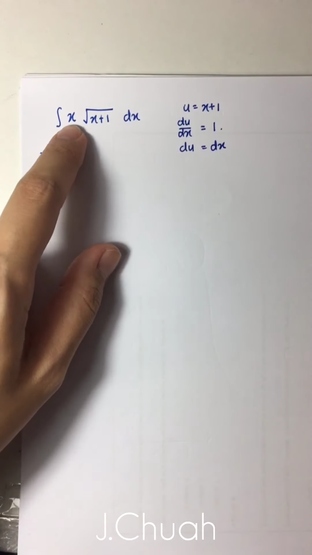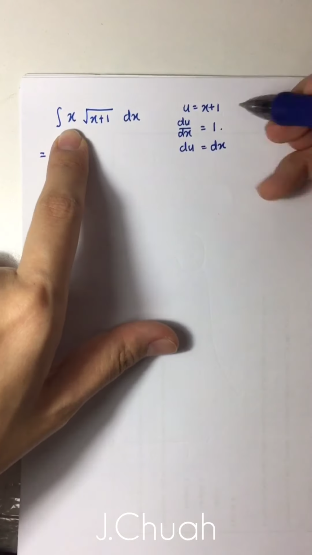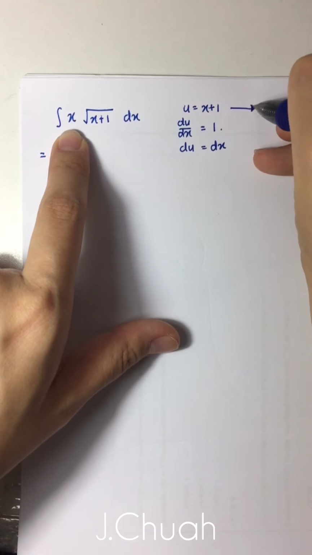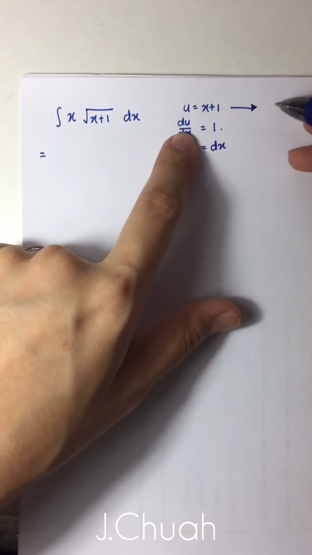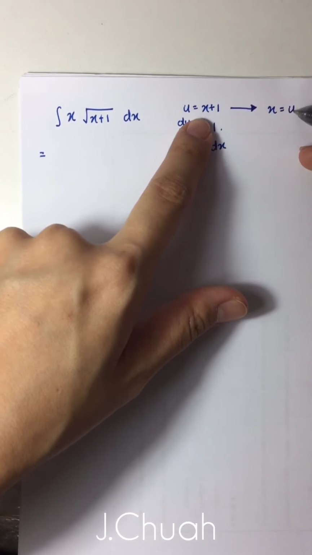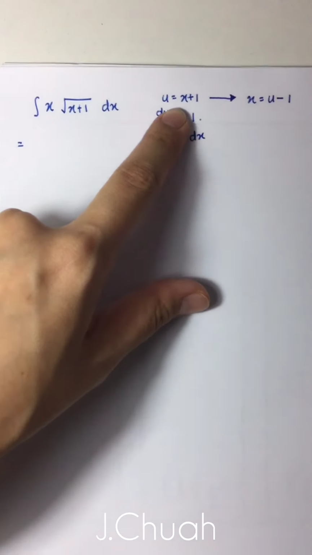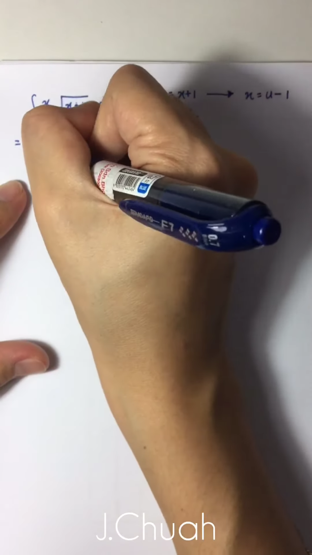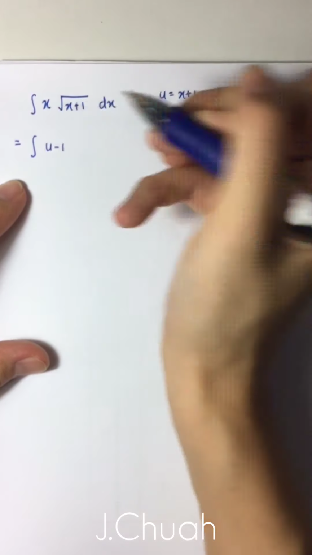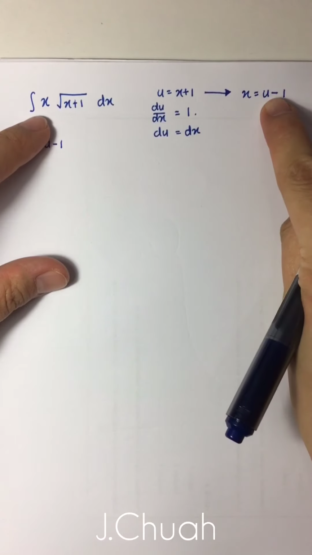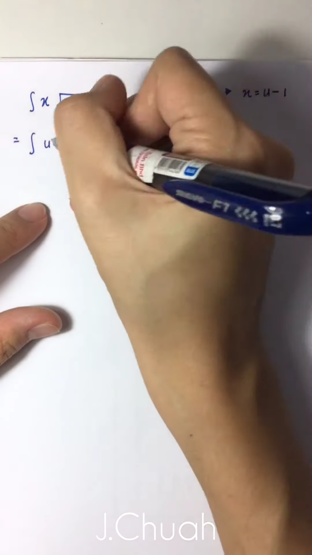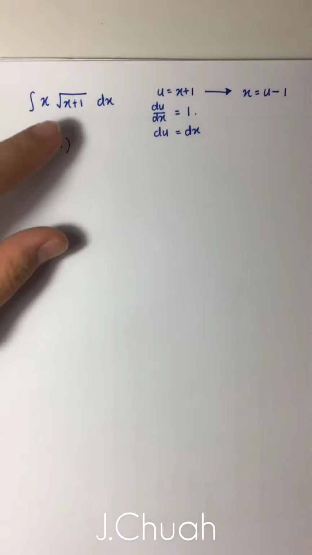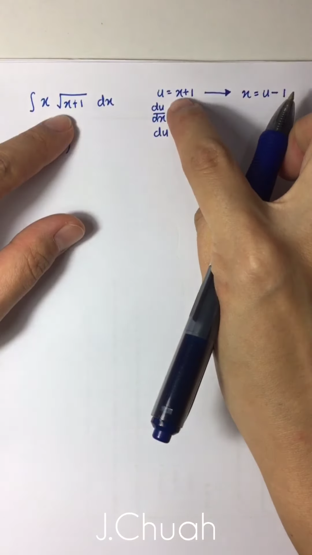What about x? How are you going to make it disappear? From the initial substitution that you're using, you can have x equals u minus 1. Put it back here, you will have u minus 1 from here, and then bracket, multiplied with square root of u.